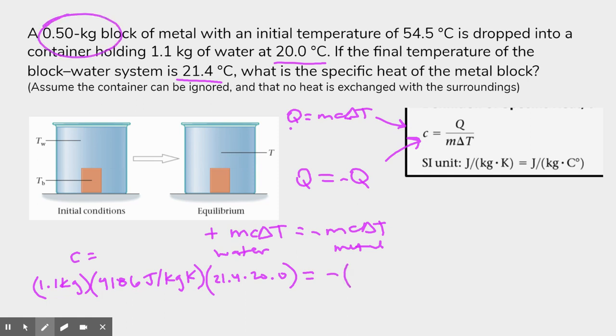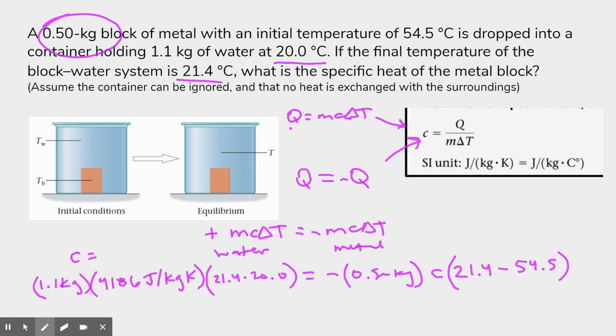Here's the mass of the block, 0.50 kg. We do not know our C value for the block. That's what we want to know. And the delta T is the final temperature, 21.4, because at the end, the block and the water are the same temperature. And the initial temperature is 54.5. And we can leave degrees Celsius here. That is not a big deal.